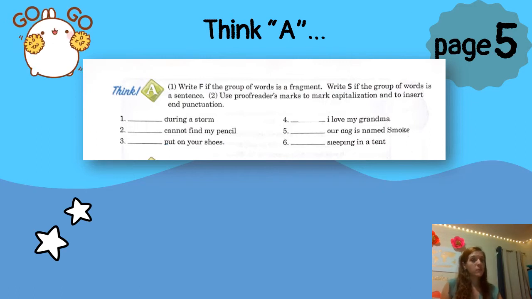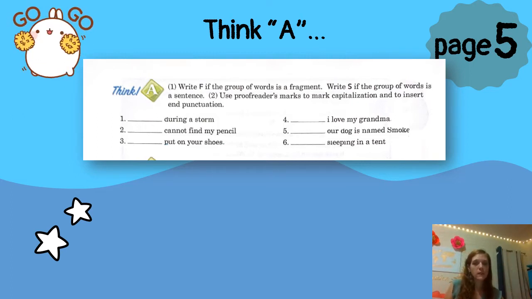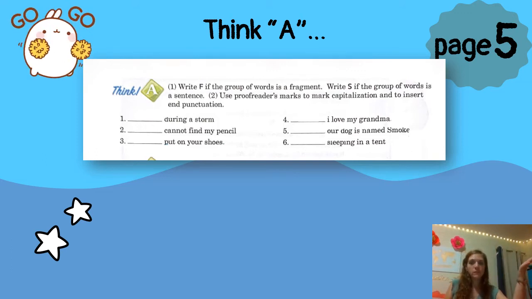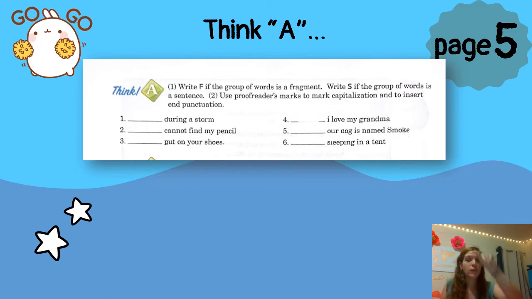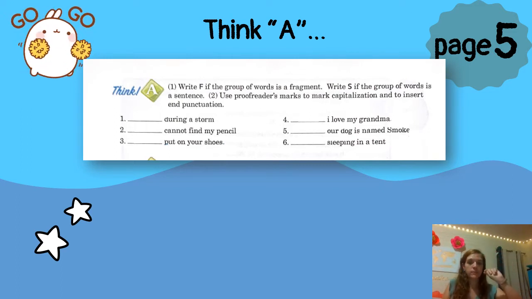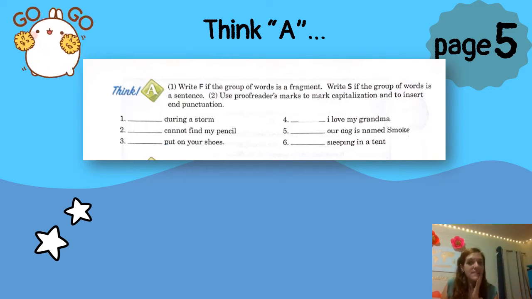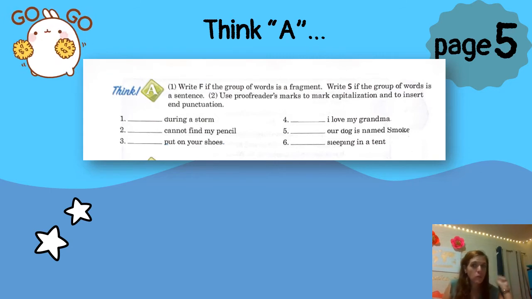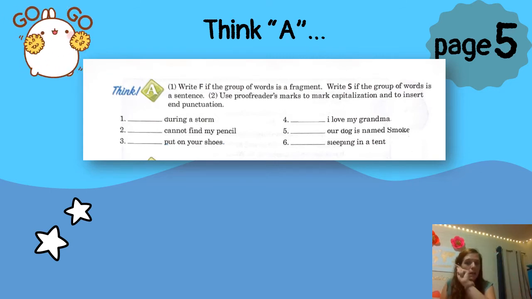If it's a complete sentence, you put an S. If it's not a complete sentence because it's falta algo, falta la acción, falta de persona haciendo la acción, falta un pensamiento completo, you have to put an F for fragment. If it is an S, if it is a sentence, what do you do? You have to put your tres líneas for your mayúscula and insertar a punctuation at the end.